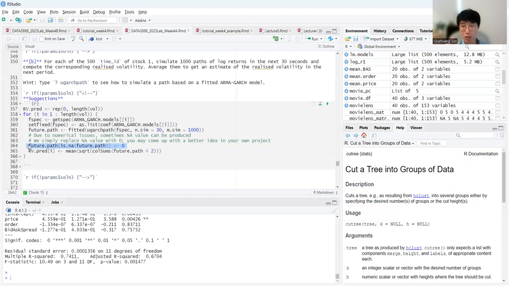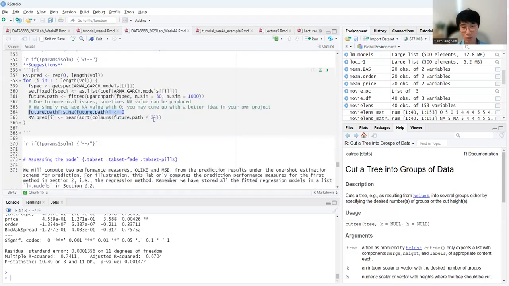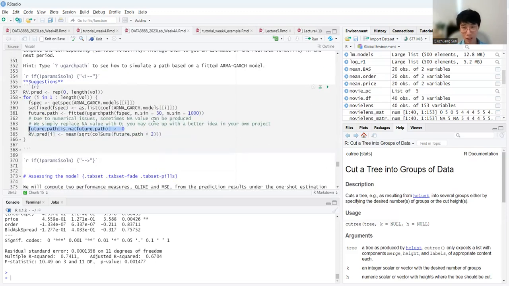In your own project, you can try different strategies to deal with the NA values. I just use the simplest one, replacing all the NA values with 0. Now these are all three benchmark models: the regression model, the HAV-RV model, and the ARMA-GARCH model.